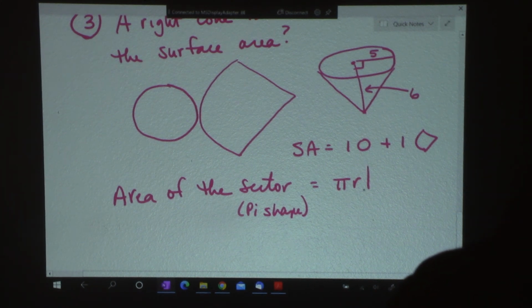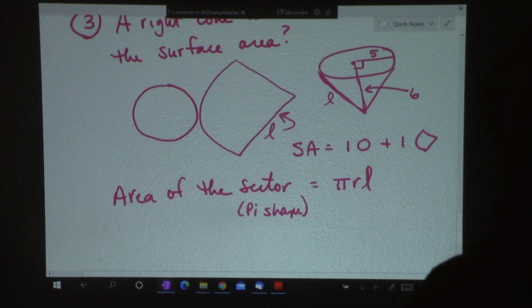And L, they actually make it into a cursive L. That is this length right here. It's that slanted length that's on the outside. So in my 3D picture here, it would be this length here. That L, the length of the lateral face, is different than the height inside.